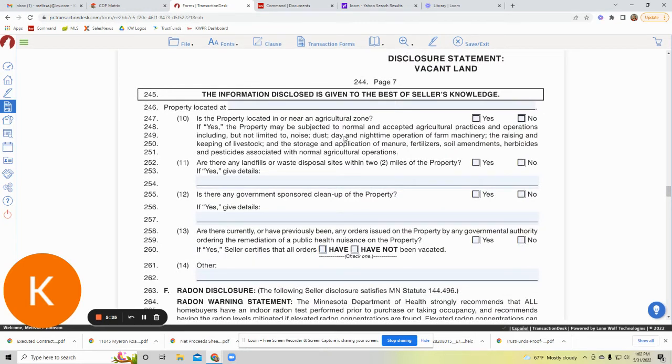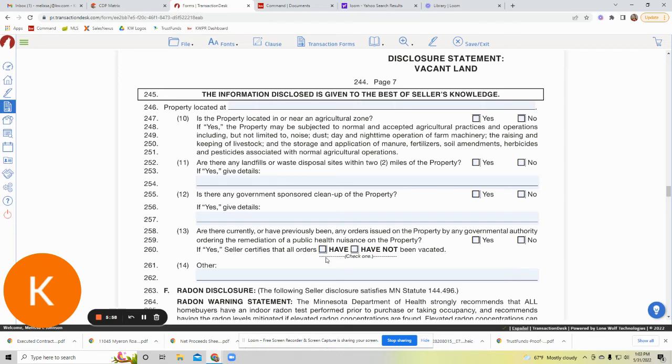And what that relates to is, does that mean then that there would be any nighttime operation of farm machinery? Are there livestock there where there be quite a bit of manure, fertilizers, herbicides, pesticides? All of that has to be disclosed. And is there any need for those things to be remediated? It asks here in number 13.